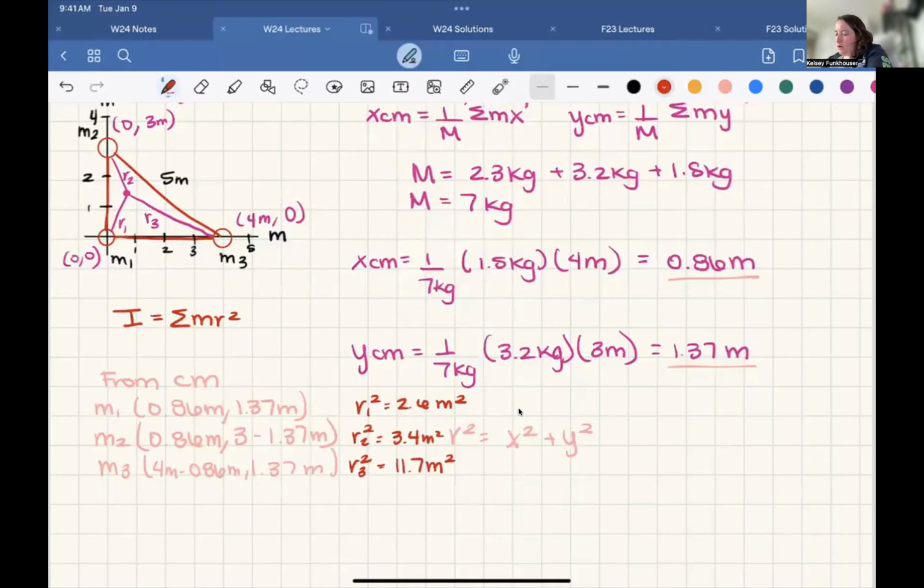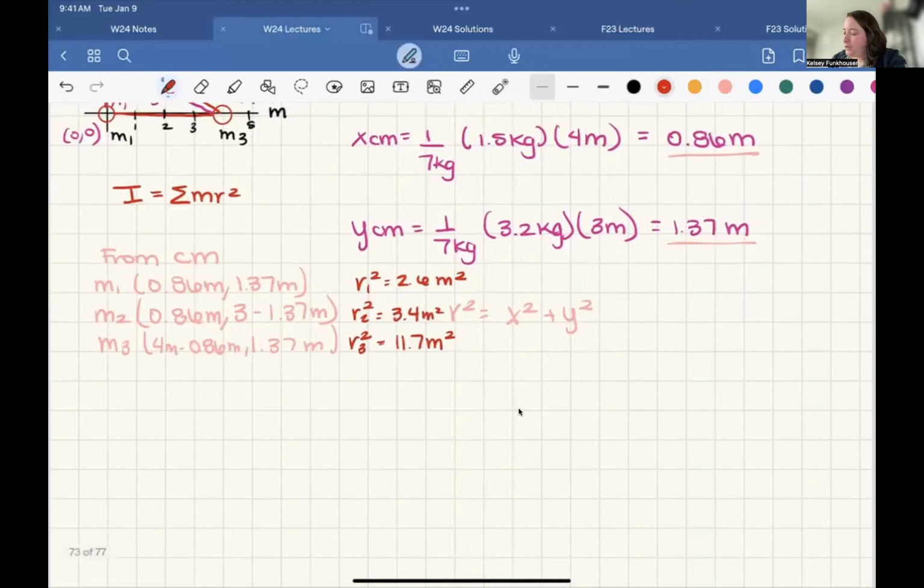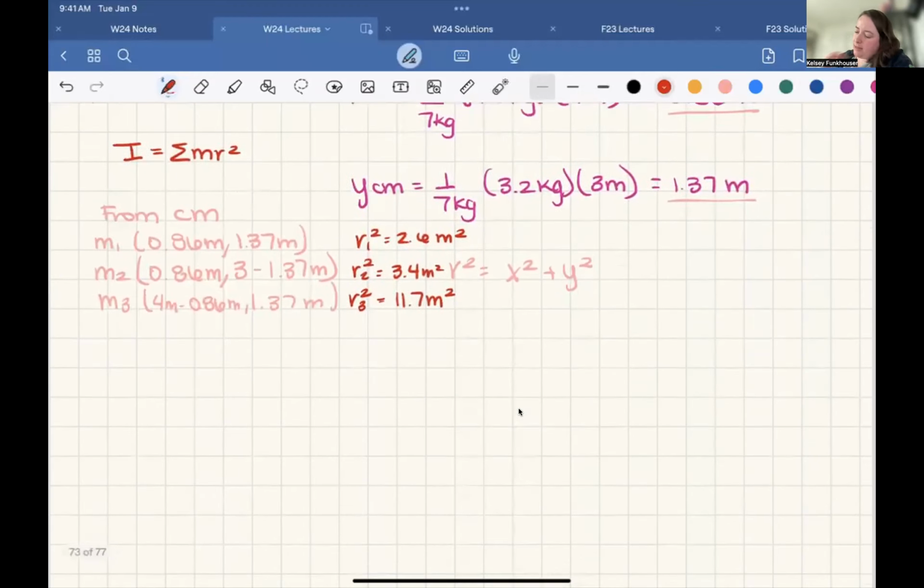Okay, so it looks like we have everything we need to find the moment of inertia, the rotational inertia, of the center of mass. So mass 1 is 2.3 kilograms, and it is 2.6 meters squared for the radius.